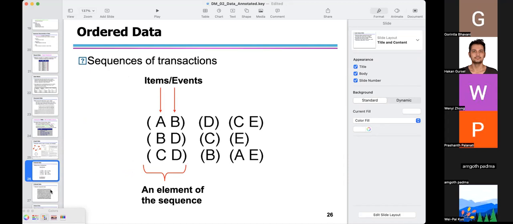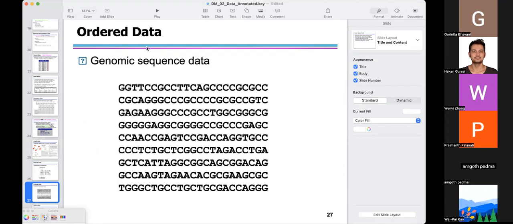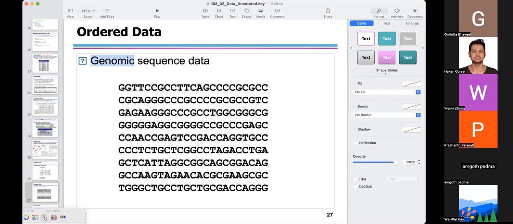Another important order could be if we have biological data of the human genome. It kind of looks like this. These are proteins, and the order that they come in makes a difference. This is how our DNA looks. So the order here makes a difference.